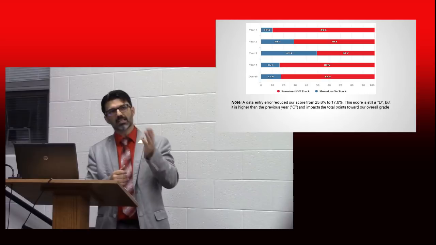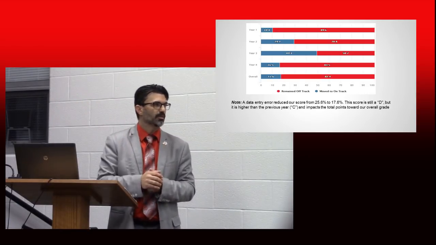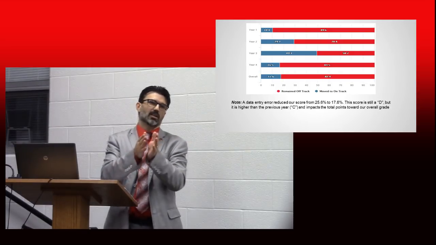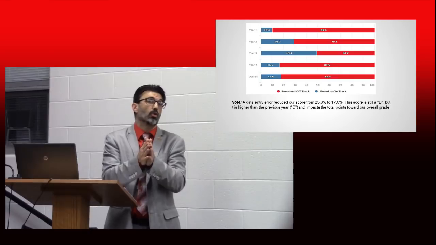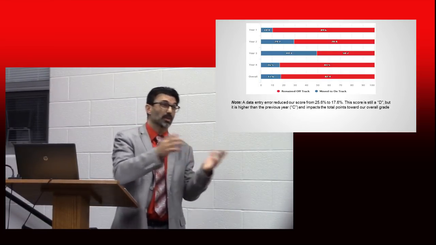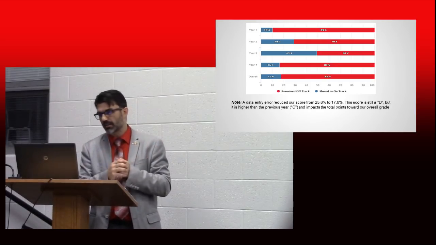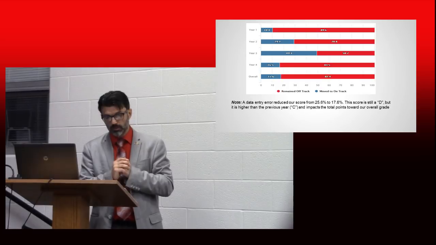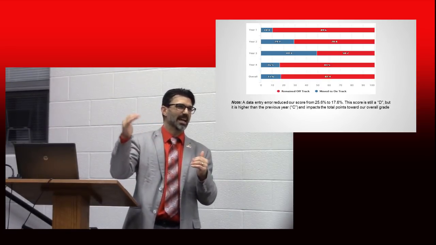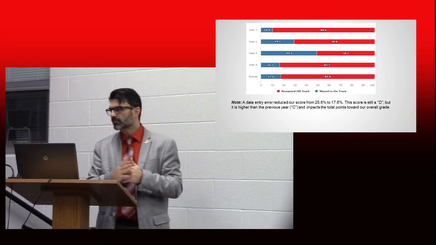Again, if we hadn't made those errors, our percentage of improvement would have been better than the previous year. But despite that, as I said, our score in this component still would have been a D, but even though it was better than the previous year, we got a C. So that's just how the state does it. So we know what that error was, and we have multiple people looking at that data before it goes in. It's not going to happen again.